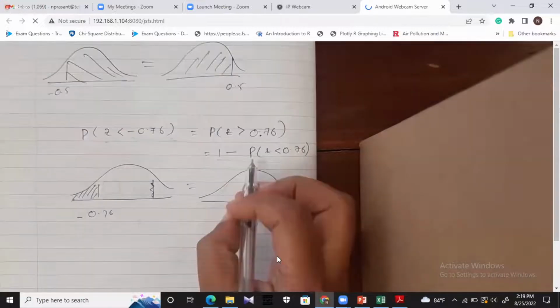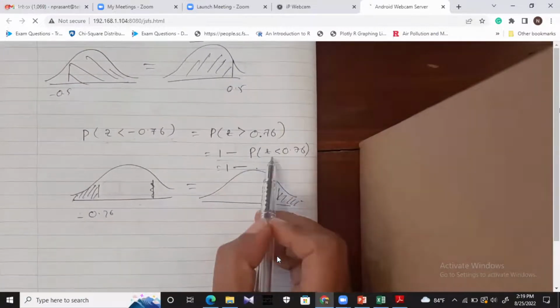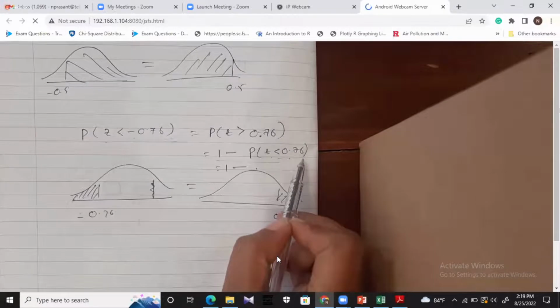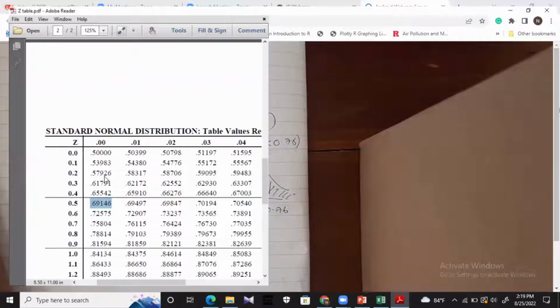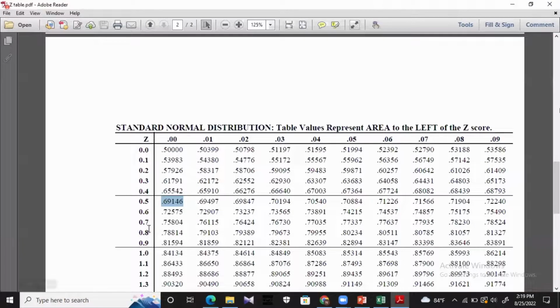So 1 minus, read Z less than 0.76 from the table. What is that value? 0.7, the second decimal is 6. This one. 0.76. That is 0.77637.